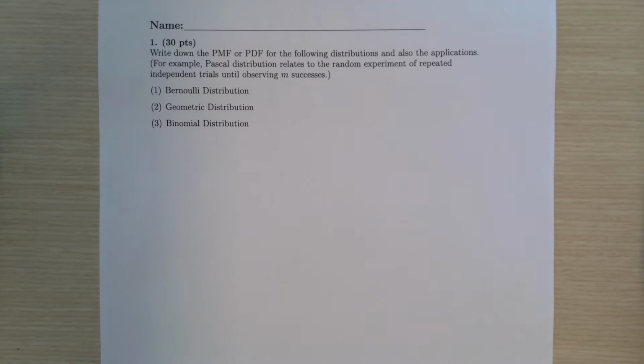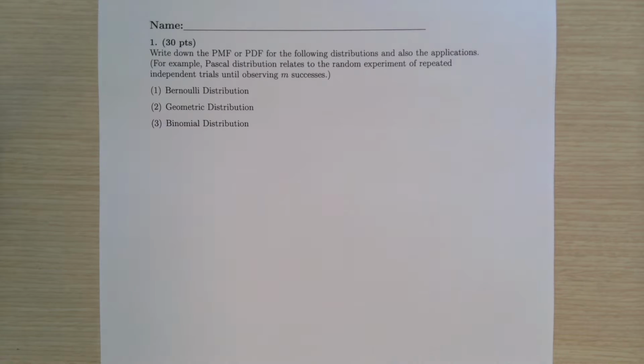distribution. Bernoulli distribution stands for the case where you only have two outcomes. The simplest one is, you toss a coin. You only have two outcomes, either head or tail, right?